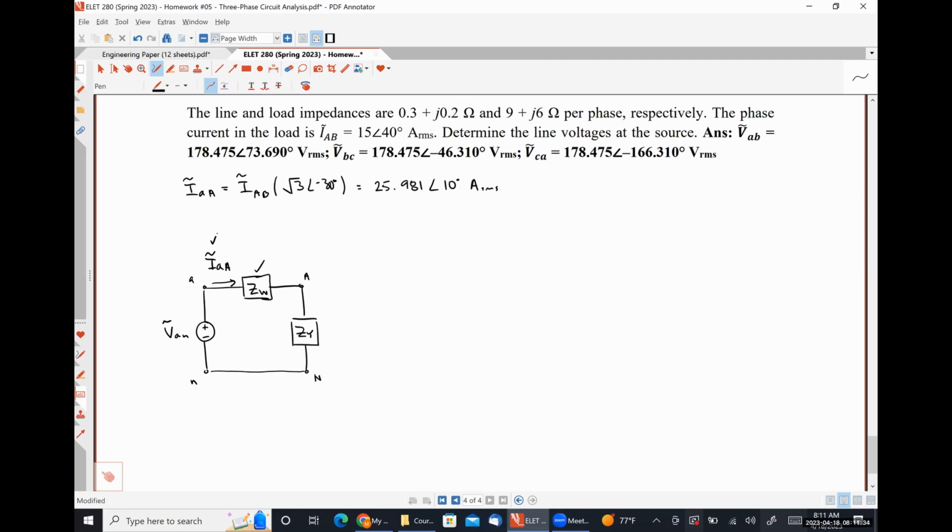Ultimately, what we're trying to figure out with our single phase equivalent circuit is that voltage VAN.